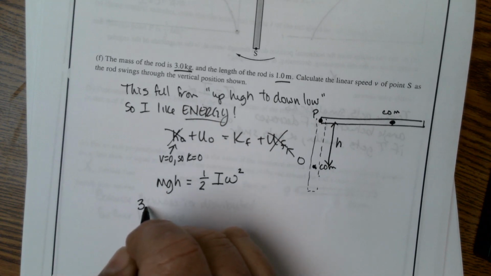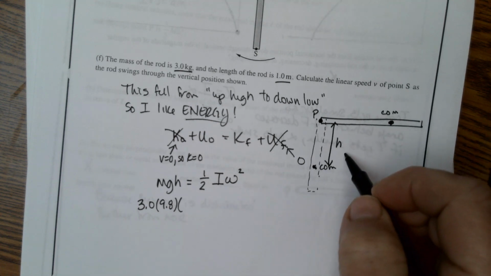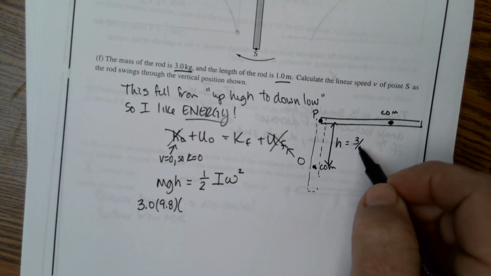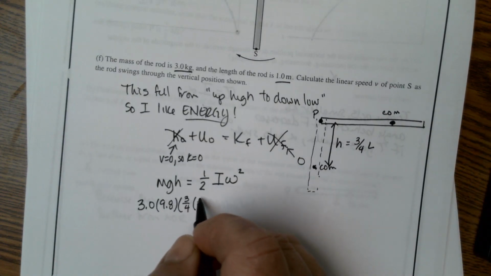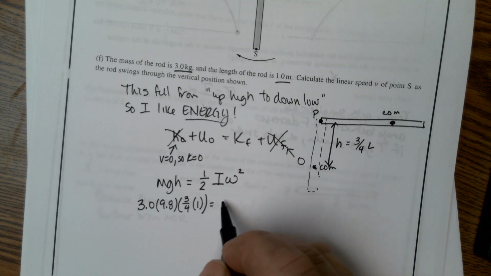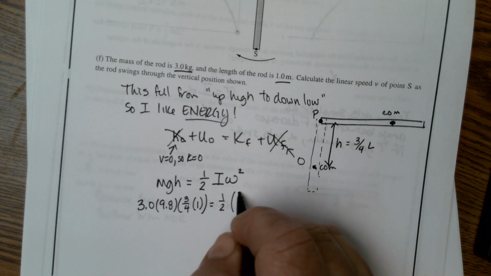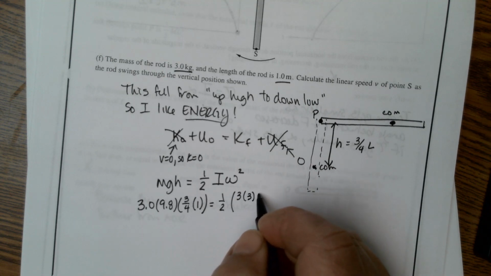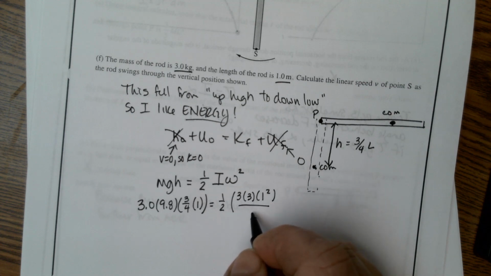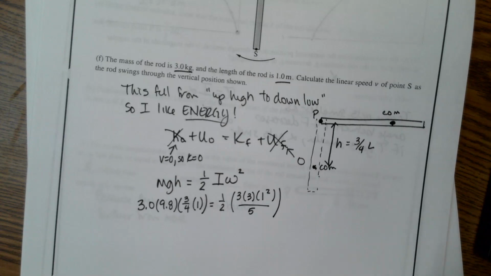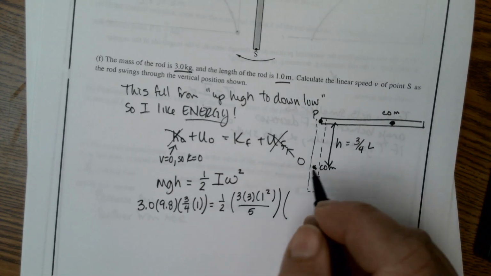So the mass is 3, g is 9.8. That height, well, where was this at? That's 3/4 L, so 3/4 times the length, which is 1, is equal to 1/2 times the I, which they gave me as 3 m L squared over 5, times my omega.